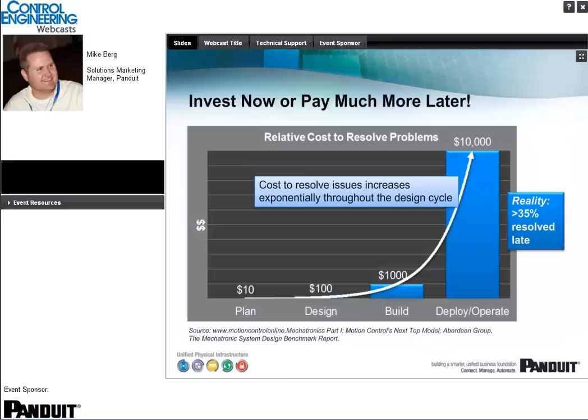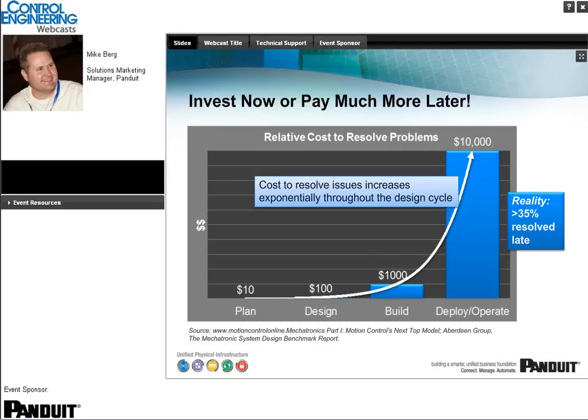And to kind of further make this point, why we have a tough time correcting these types of real-world situations that we've all dealt with is that late in the game, when it's already been deployed, it's very expensive to fix these types of issues. So something that may have cost $10 for a single issue or some single design element in the planning stage, at the end stage, in the deployment stage, it may cost $10,000 and a full-blown crisis to fix out in the field.